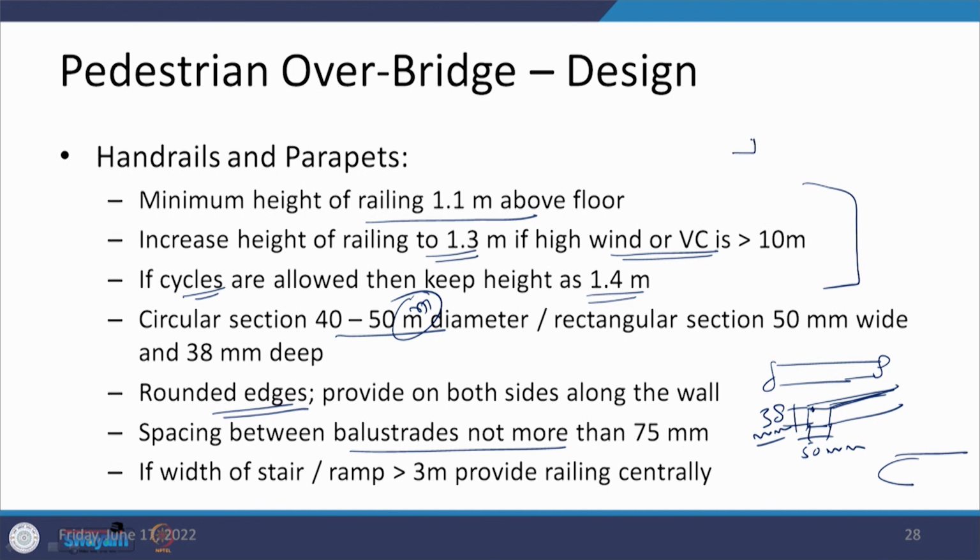That means, when we are providing a system like this, there are going to be these balustrades and there is a railing at the top. So, this gap which we are looking at here should not be more than 75 mm, and if the width of a stair or ramp is more than 3 meters, then the railings shall be provided centrally.